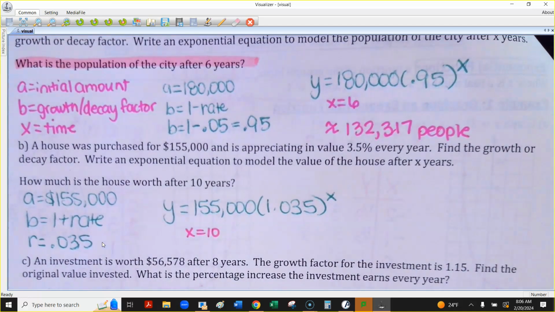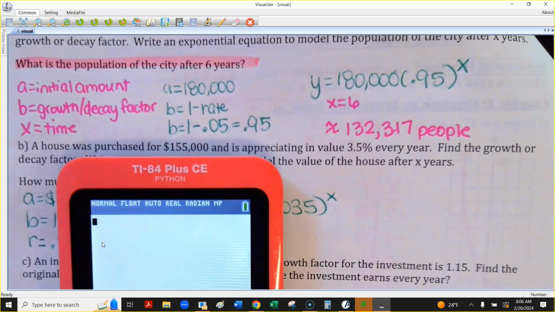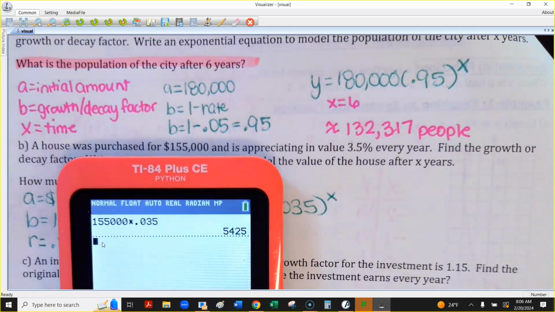I just want to show you one thing real quick before I do that though. If I take 155,000 and multiply that by 0.035, what that means is the value of the house would go up by $5,425. Now here's the deal.